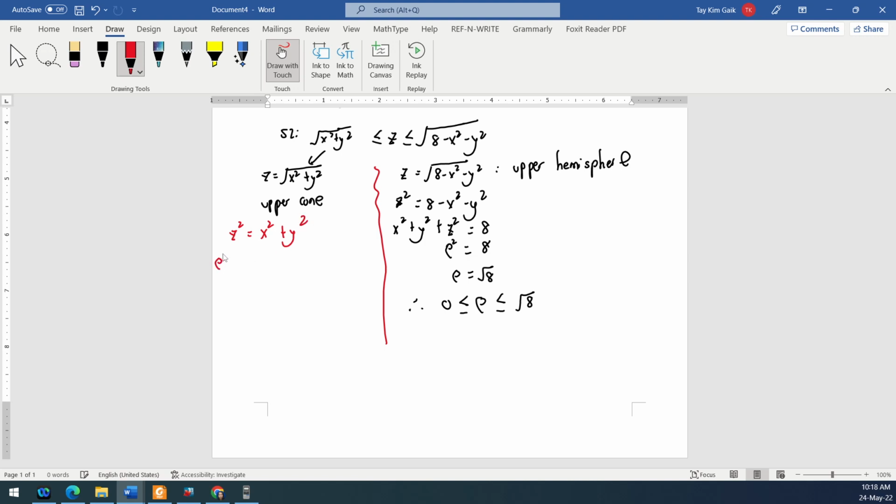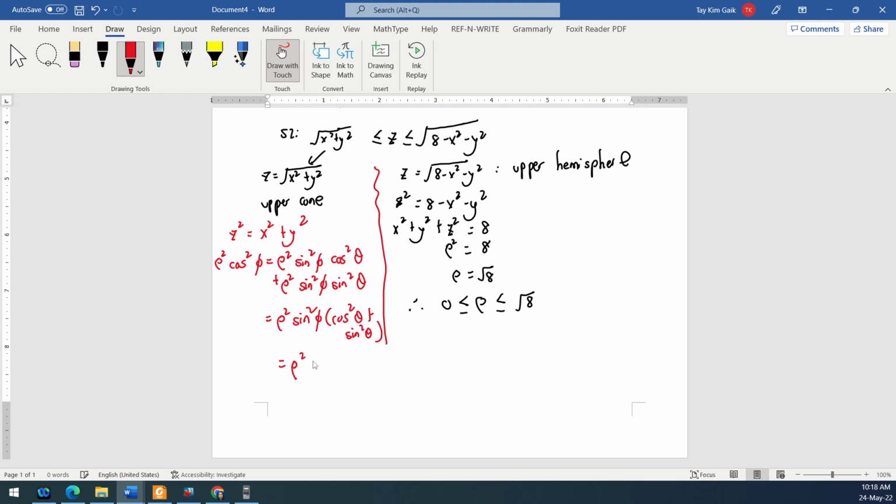Z squared is rho squared cos squared phi. X squared is rho squared sin squared phi cos squared theta. Y squared is rho squared sin squared phi sin squared theta. Factor out rho squared sin squared phi.